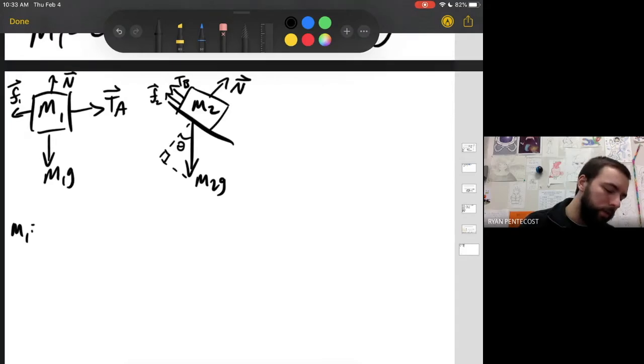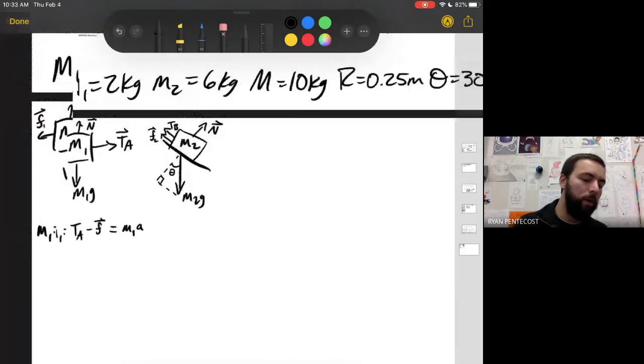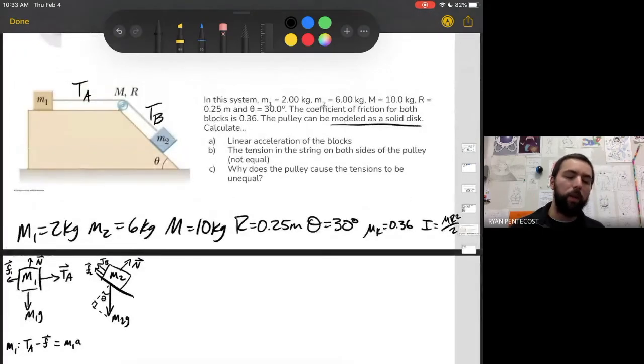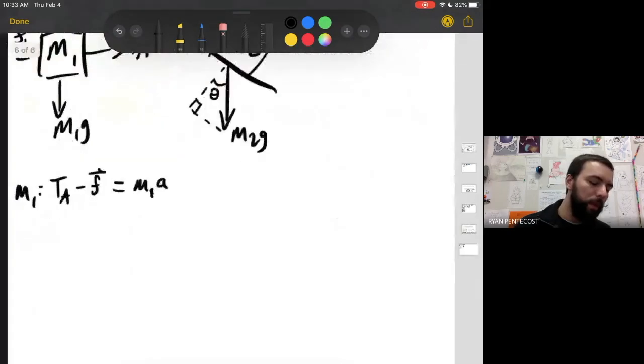We've got TA minus the friction force equals M1A, right? And remember, since it's all connected by one continuous string, assuming the string doesn't slip on the pulley, then this string will be taut the entire way. There's no slack. The string doesn't break. That means the acceleration is the same for all parties.